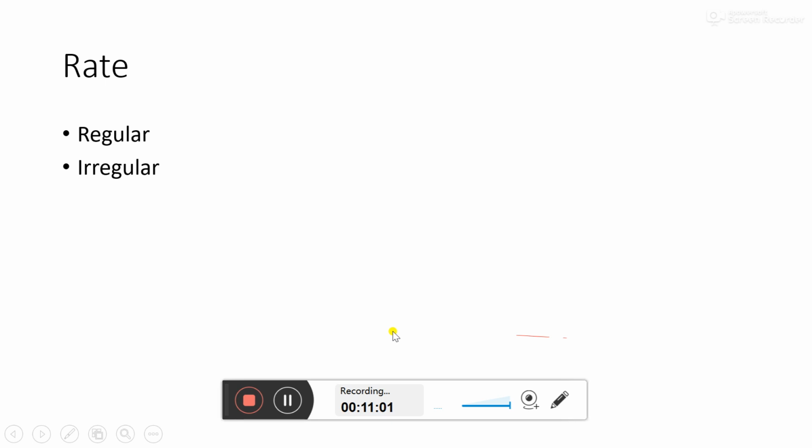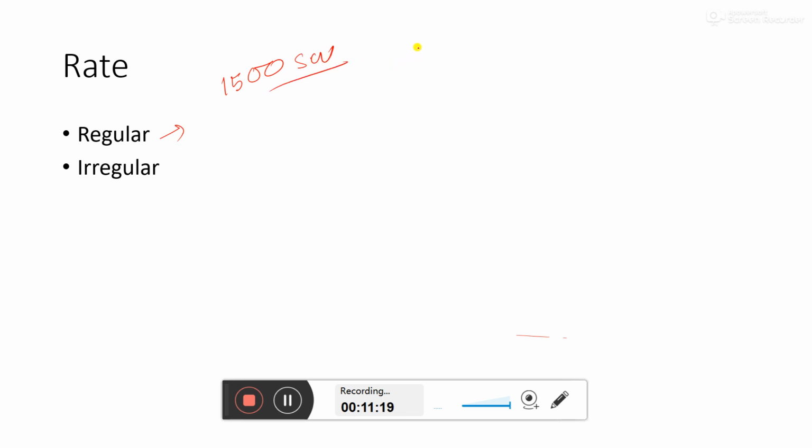Now we will calculate the rate. Rate is also calculated in the long lead 2. In case of a regular heartbeat, we know that ECG paper travels 1500 small squares in a minute.